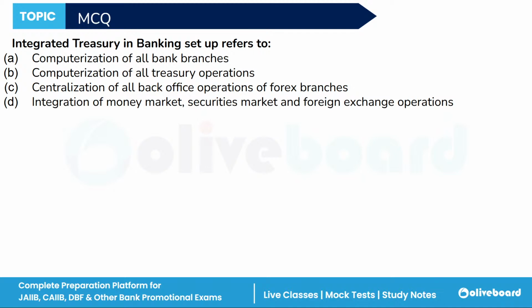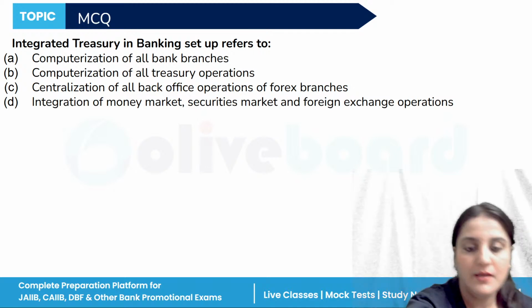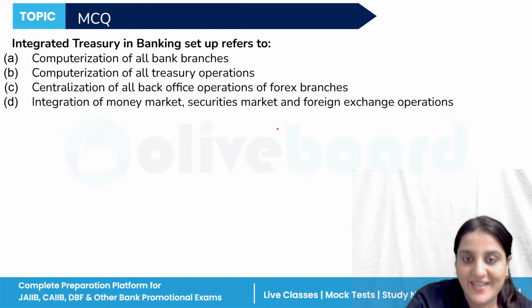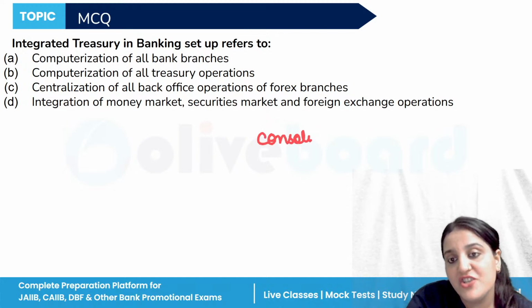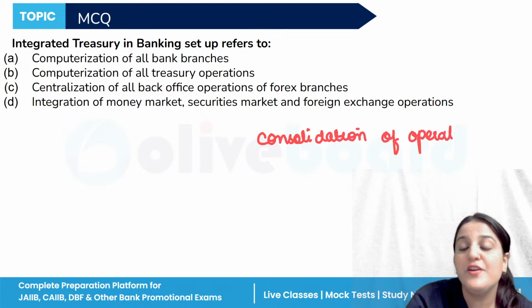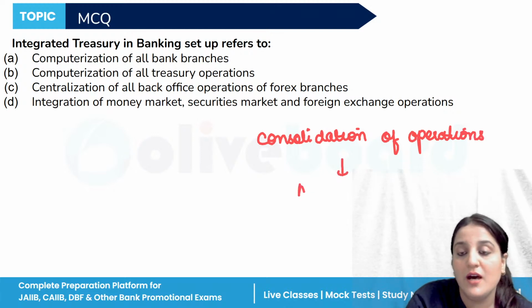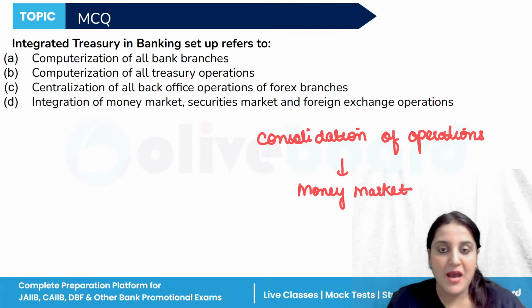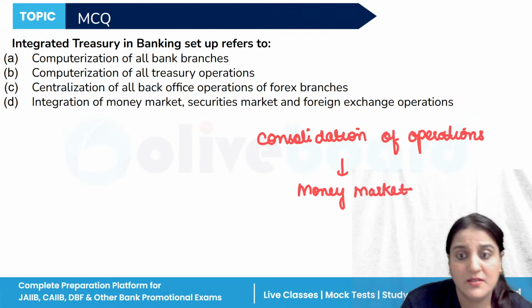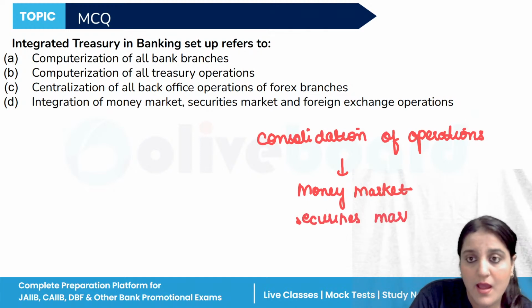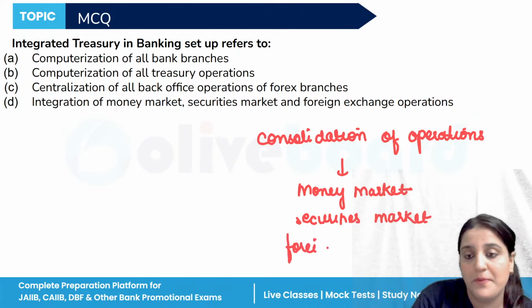If we talk about integrated treasury in banking, the correct definition is that it involves consolidation of the operations which are related to the money market, money market instruments like treasury bills, the securities market, and foreign exchange operations.